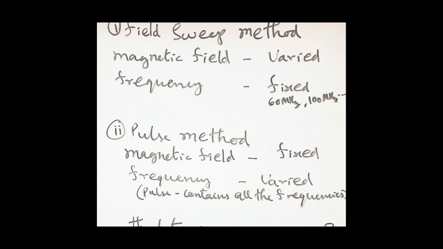In the previous class, we saw what is the necessity for chemical shift. Once again, let us recall: since the NMR spectrum is recorded by two different methods, that is the field sweep method and the pulse method, the data regarding NMR spectroscopy becomes voluminous and it is not uniform.